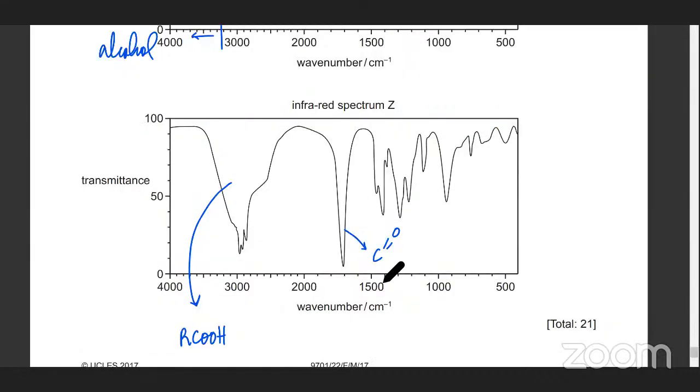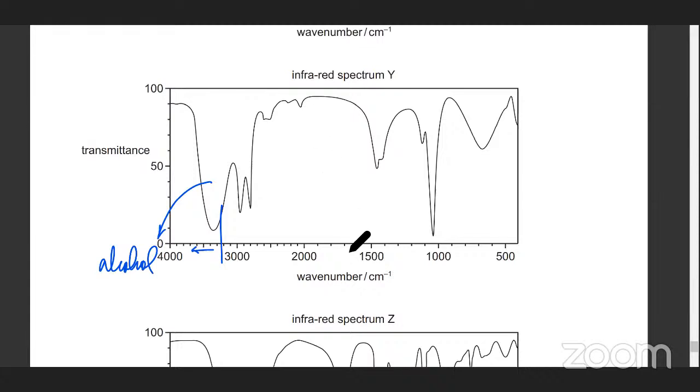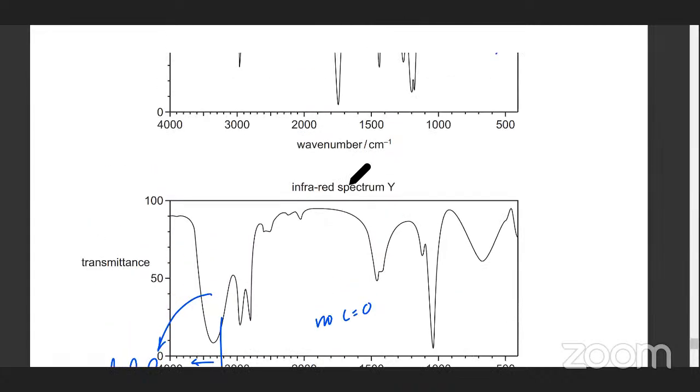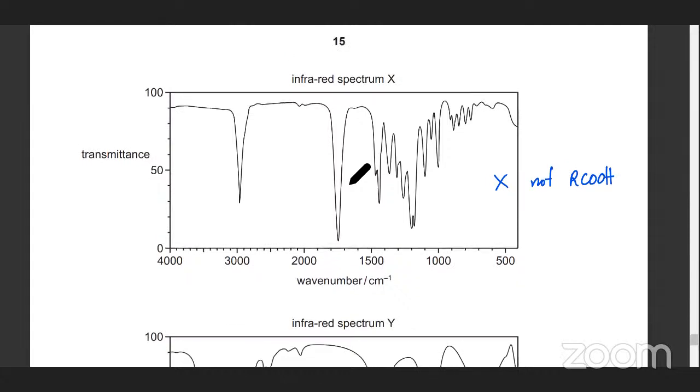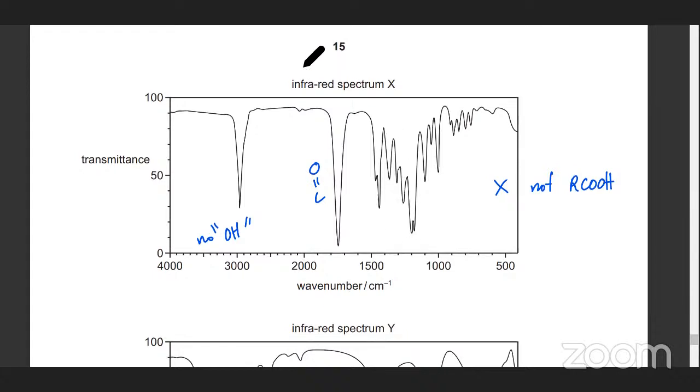So that's definitely C double bond O. That absorption is missing in the alcohol because the alcohol doesn't have a C double bond O. And this one must be an ester because the ester has a C double bond O, but no absorption for OH. So that's the only one that's left. That must be an ester. Okay, is that clear?